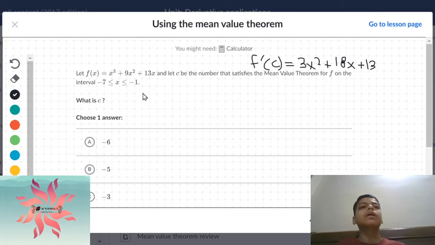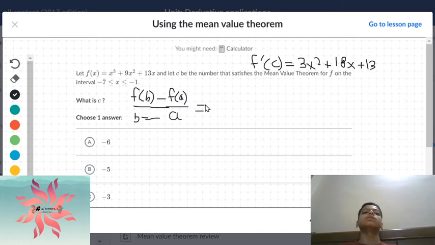Okay, and let's figure out what f of b minus f of a divided by b minus a is.